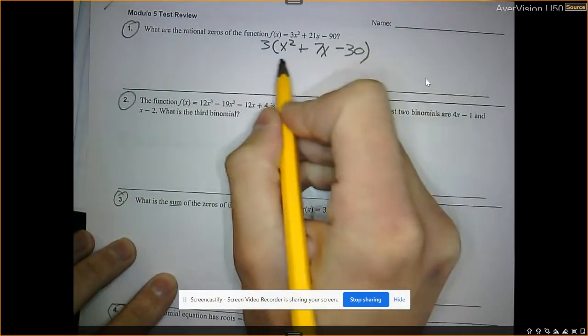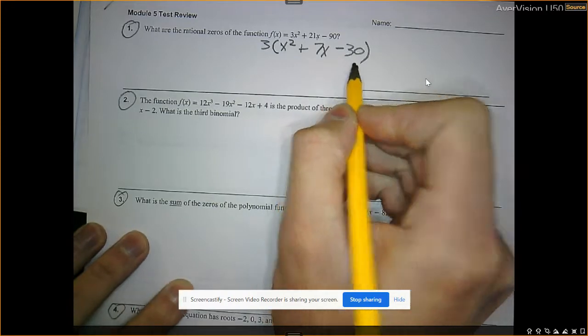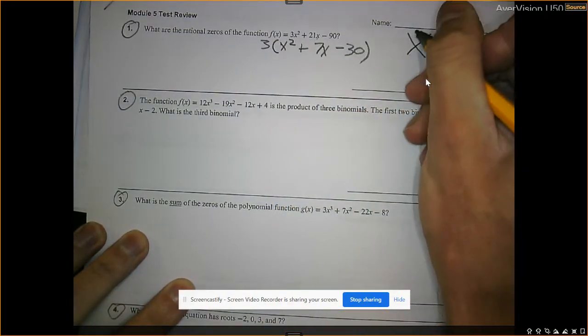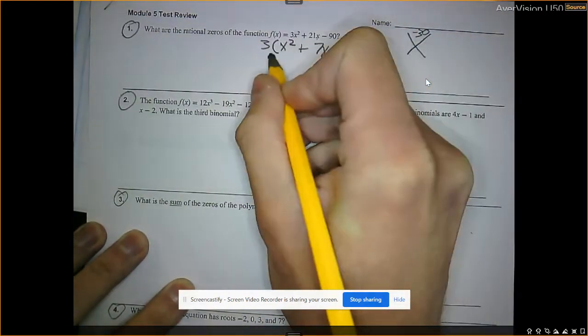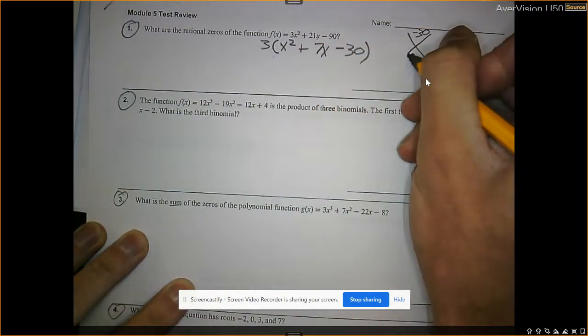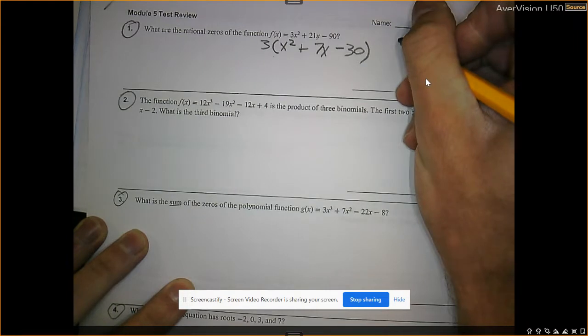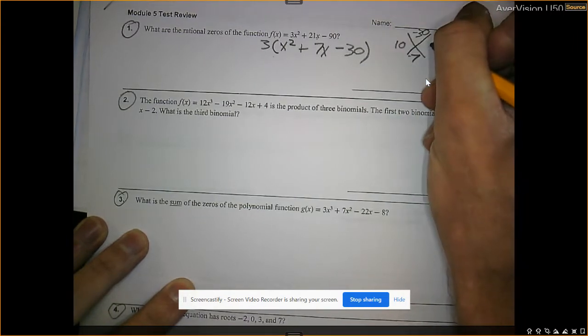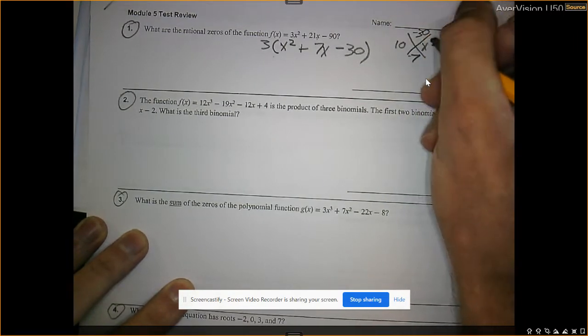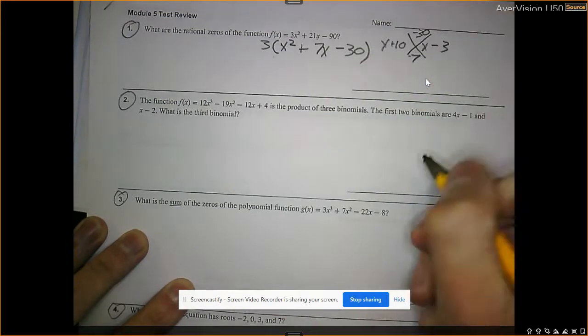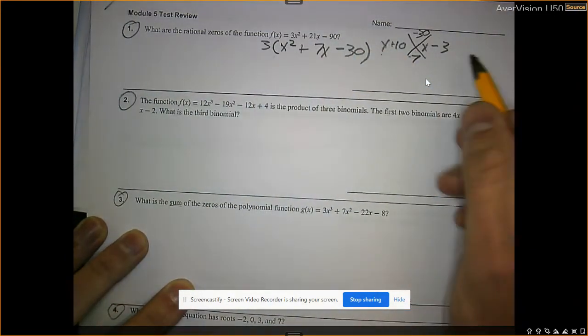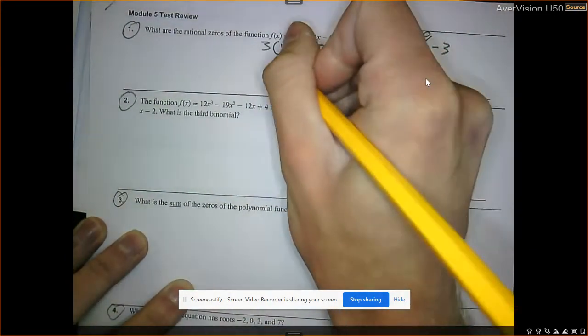So you got the 3 out, and then you're looking for two numbers that multiply to negative 30 times 1 and add to 7. The two numbers that do that are 10 and negative 3. So your factors are x plus 10, because your a is 1 here, and x minus 3.